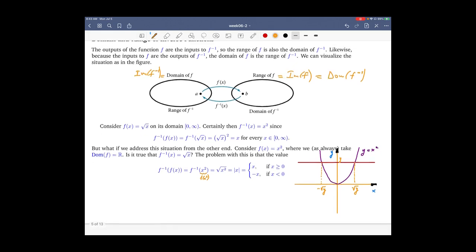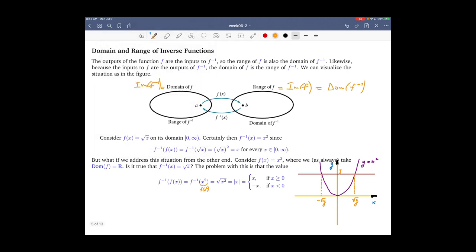When you move real numbers from the domain of x squared to, for example, you can take the image of this function. To make it surjective, you can take the image to be non-negative numbers.